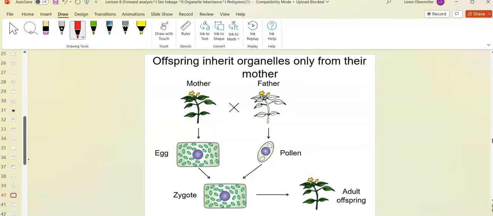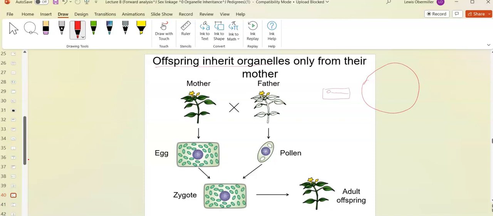Now, why is that? All right. In general, and this isn't always true, but most of the time it's true, offspring inherit organelles generally only from their mother. The reason is that the sperm is generally very small compared to the egg, right?